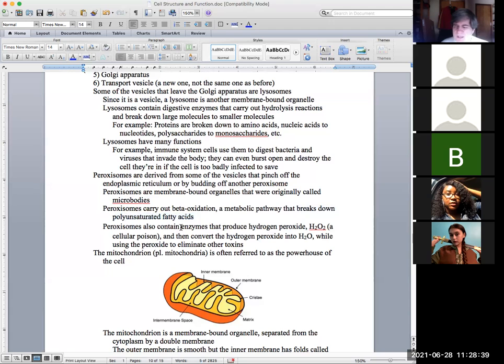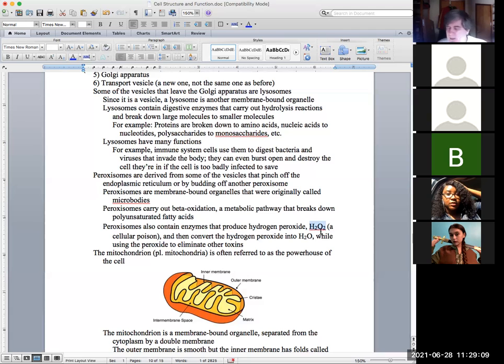They also have some enzymes that give them their name. They have some enzymes that produce a chemical called hydrogen peroxide. Now, you might have hydrogen peroxide in your household. A lot of people use hydrogen peroxide as a disinfectant. If you get a cut, sometimes you'll pour a little hydrogen peroxide on it. Now, these organelles, these are found in your cells. They actually make hydrogen peroxide.